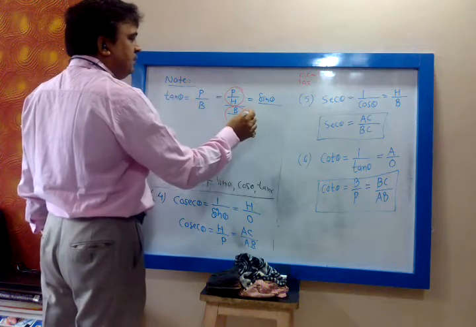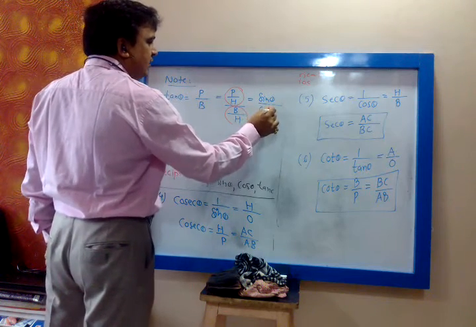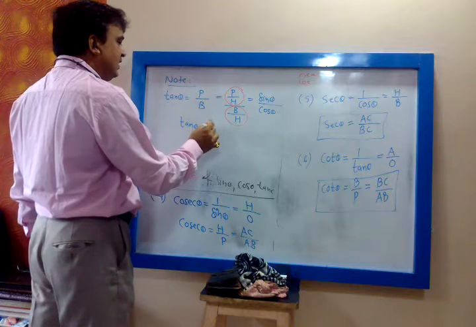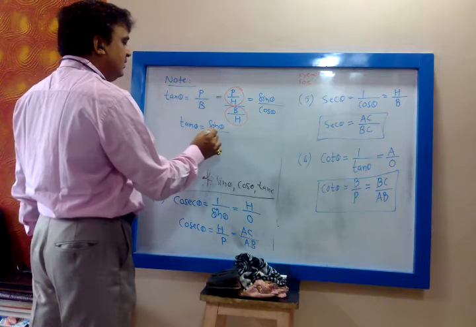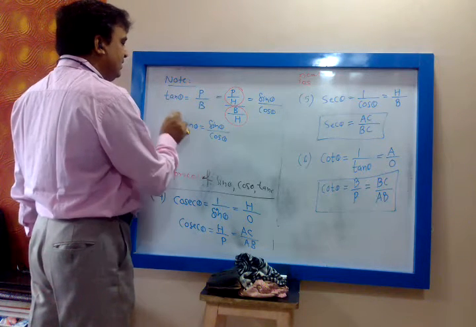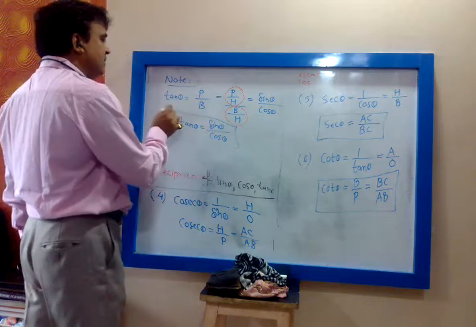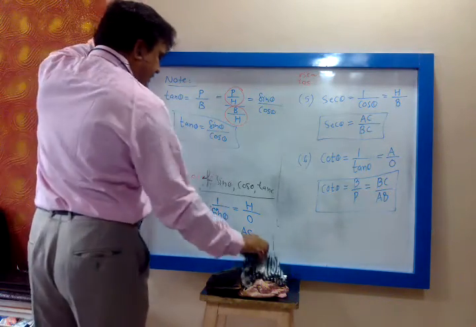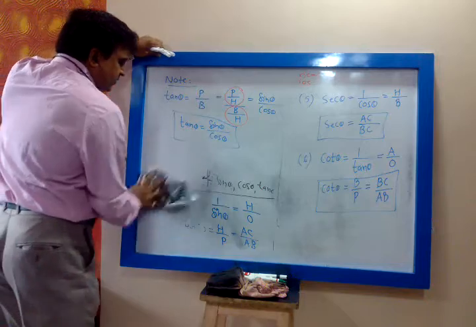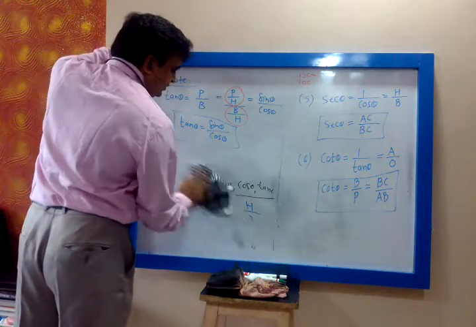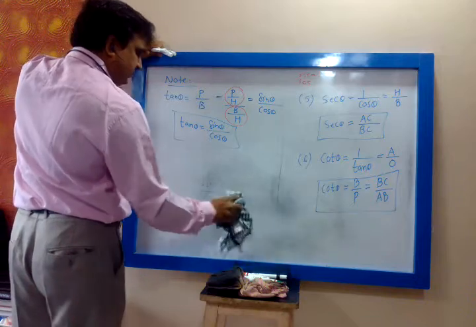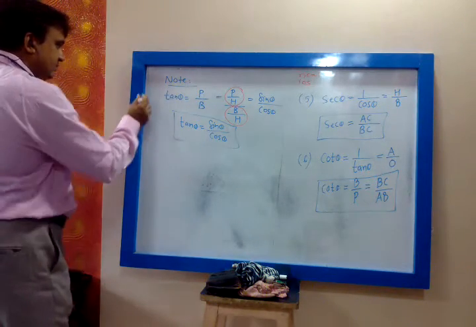And what is base upon hypotenuse? Cos theta. So we remember that tan theta is nothing but sin theta upon cos theta. So this formula you remember. Okay, then this is the first note.